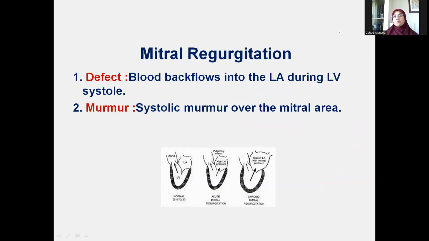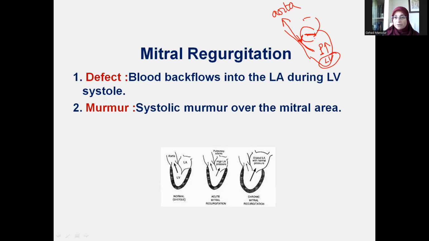And then we have another murmur that is due to mitral regurgitation, and this results when the mitral valve is wider than normal and incompetent, meaning that when it closes at the beginning of ventricular systole, it does not close perfectly. So when the ventricle contracts in order to pump blood into the aorta, there is generation of high pressure inside the left ventricle.